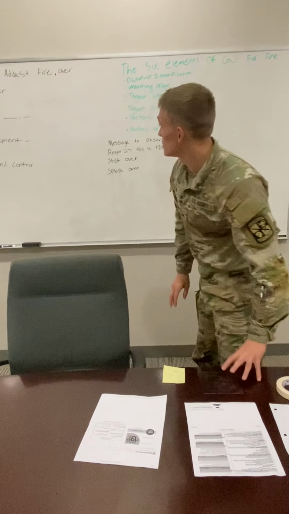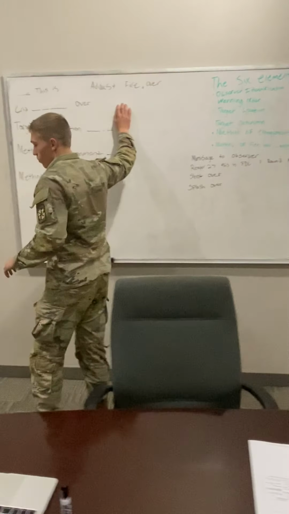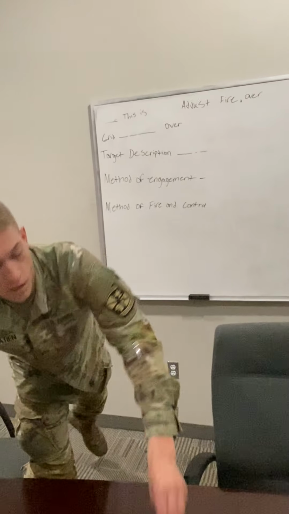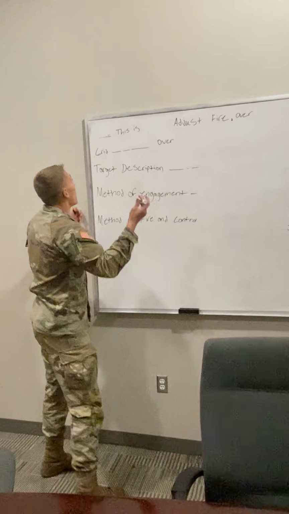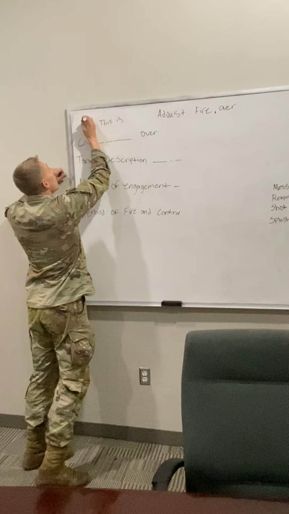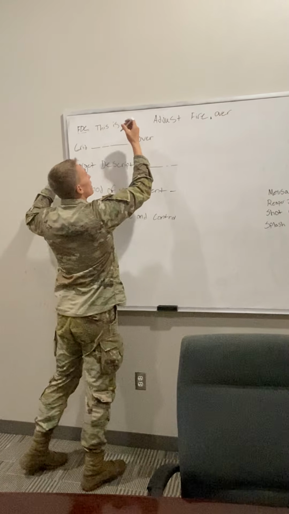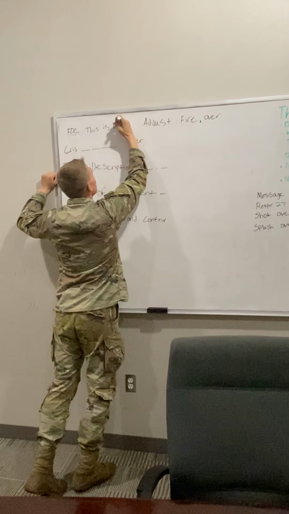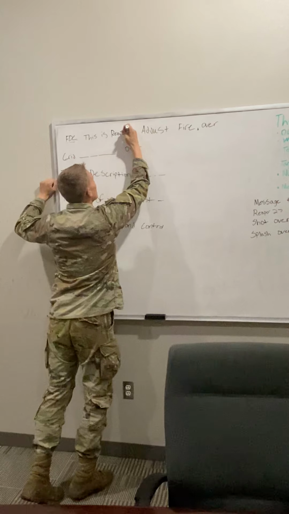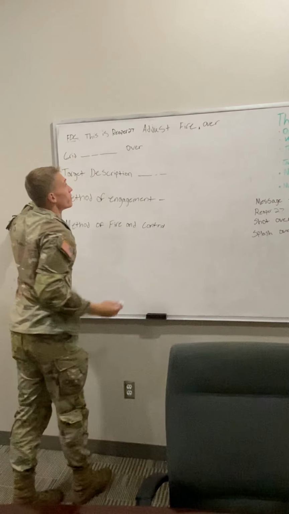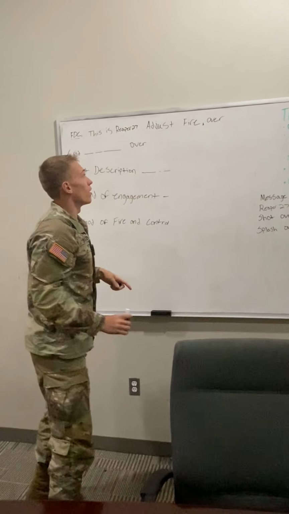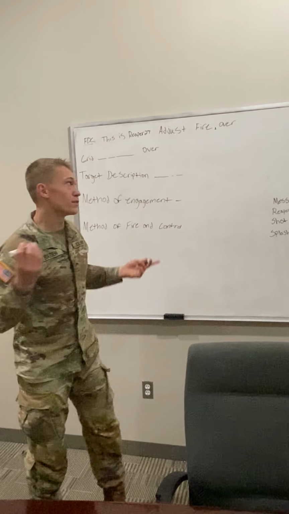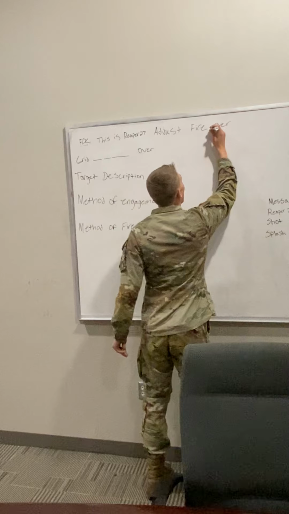So moving into this, we'll go over what we'll call in. When we do a call for fire mission, we're gonna say FDC, this is, and then you'll come up with a call sign. We'll say Reaper 27 is our call sign. So Reaper 27, adjust fire, over. Before you say over, you'd say adjust fire, and there's 2 different types of call for fire.